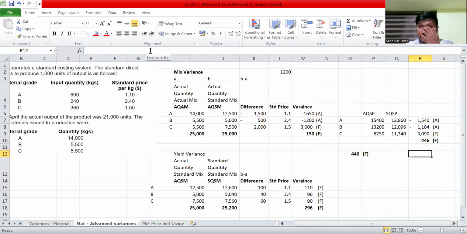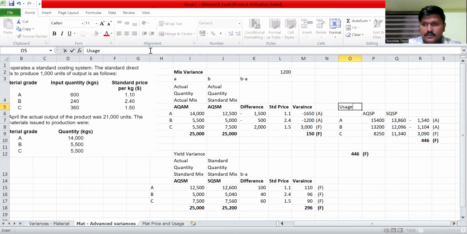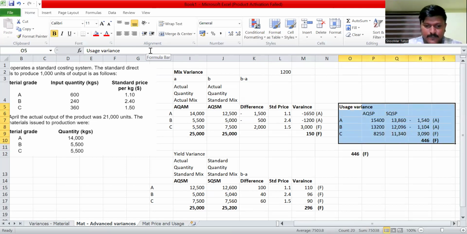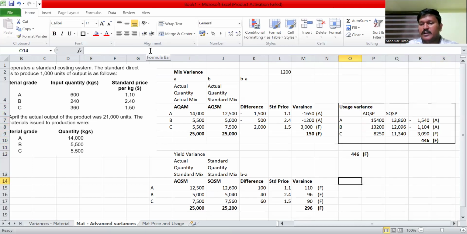So this is how you cross check. You can calculate the usage variance and cross check. So this is usage variance only calculation. So 446 favorable again. So usage variance split 150 favorable and 296 favorable, which is coming as 446 favorable.